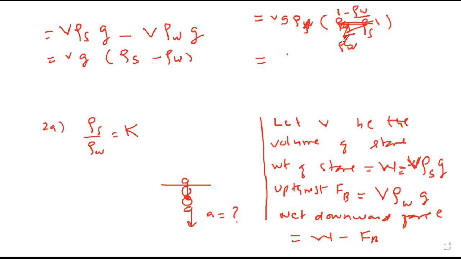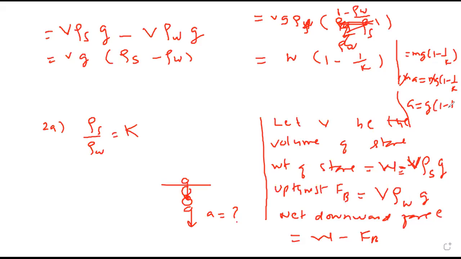This is nothing but weight of the body into 1 minus 1 upon K. So mass into net acceleration is mg into 1 minus 1 upon K. So acceleration a is g into 1 minus 1 upon K, option C.